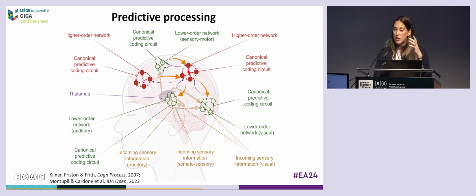If there is a mismatch between what you are expecting and what you are experiencing, then you will have this feed-forward connection, and that will allow consciousness to appear. If you have any alteration between higher to lower order, it will induce a loss of consciousness. And if you have any alteration between the lower to the higher, you will induce disconnected consciousness like dreaming.